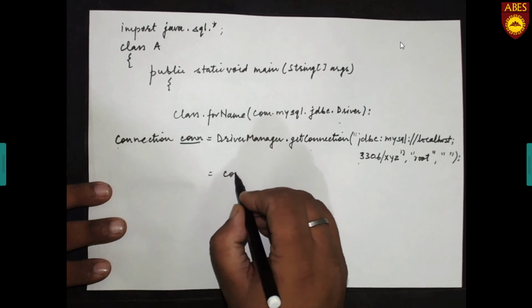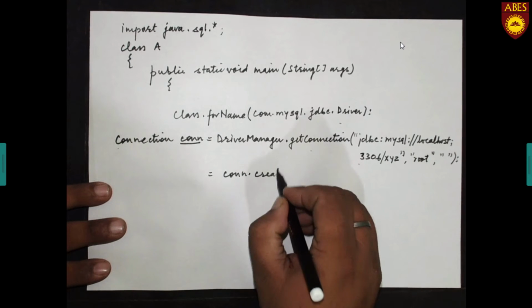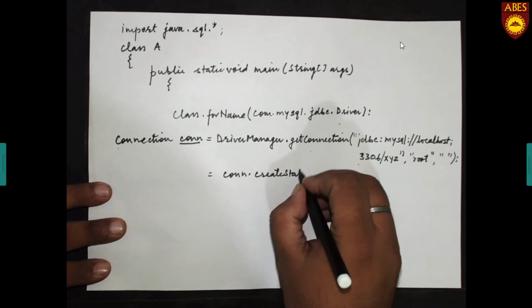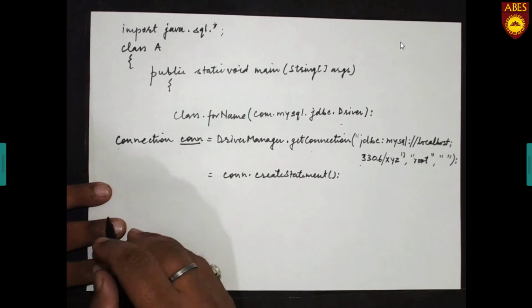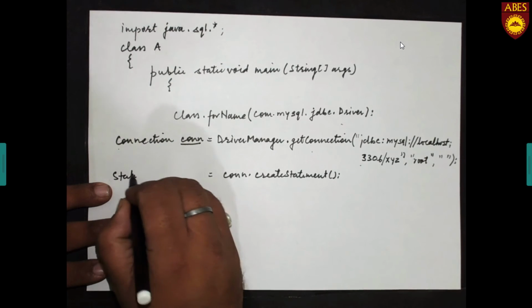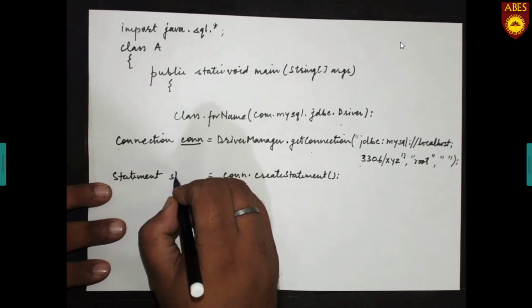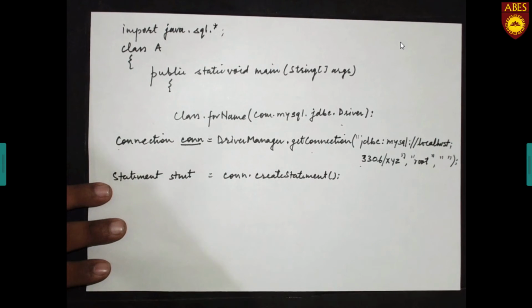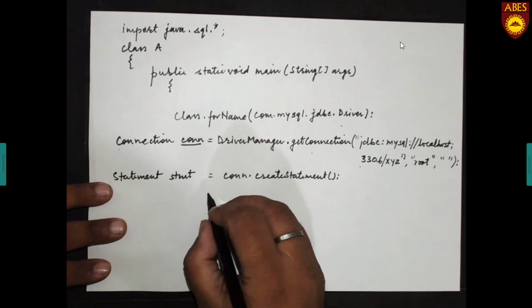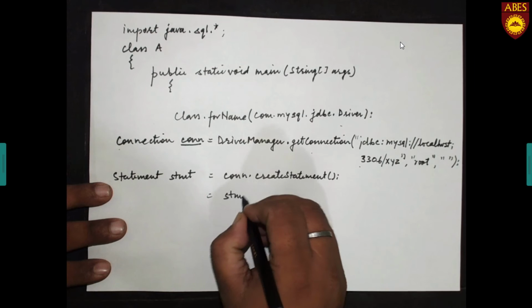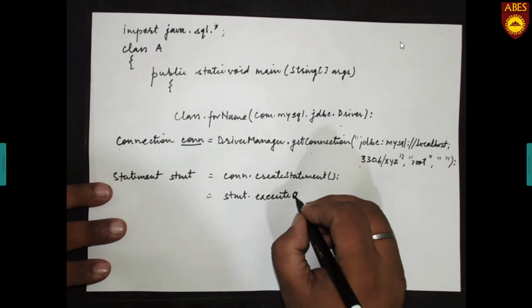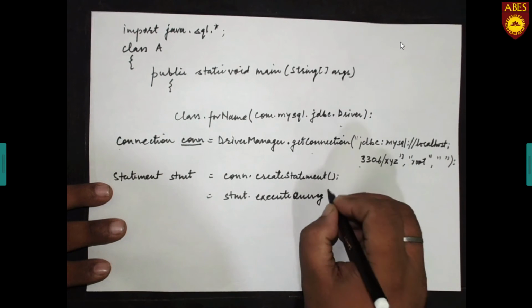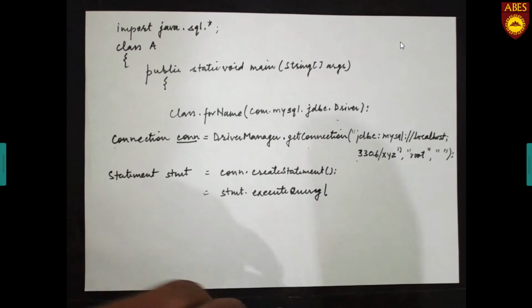So con.createStatement is used to get the statement. Now through this statement we execute the query. So stmt.executeQuery method is used to execute the query.